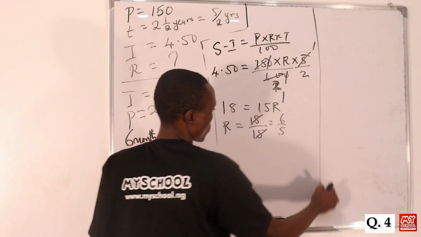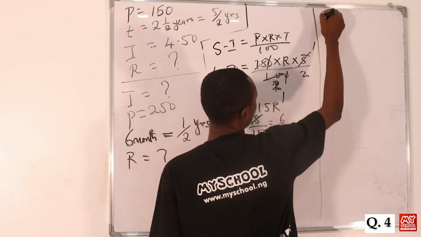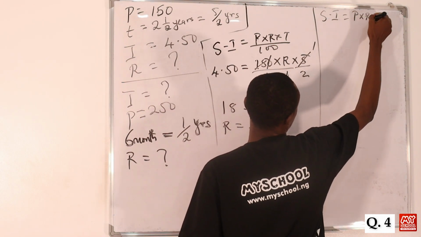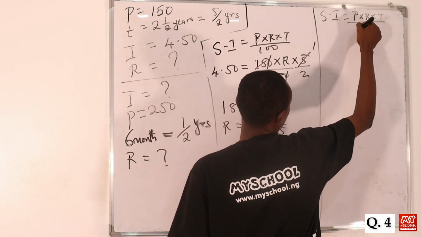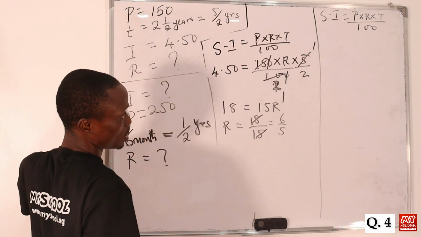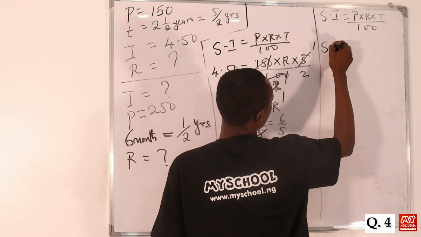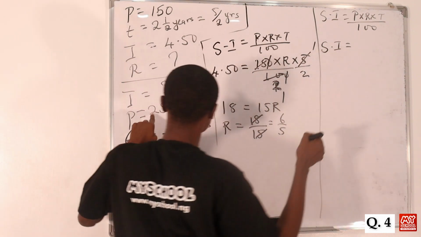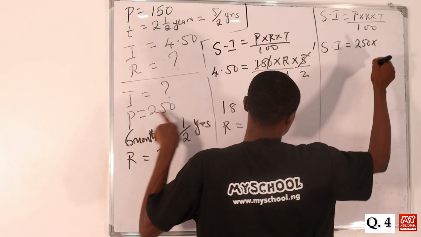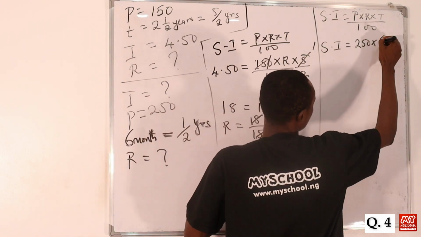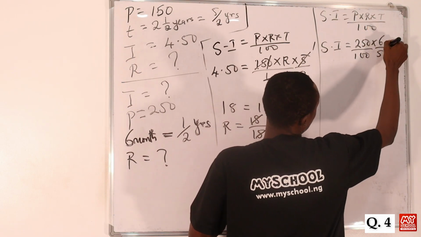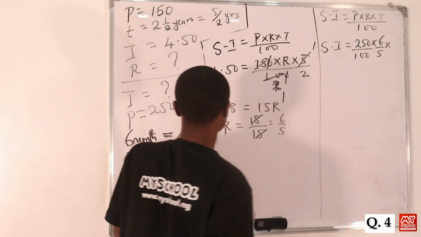So let's do it on this part of the board. Don't forget, simple interest is equal to principal times rate times time all over 100. So we just substitute our values. SI is equal to the new principal, 250, times the rate, 6/5, all over 100, times the time, which is 1/2.